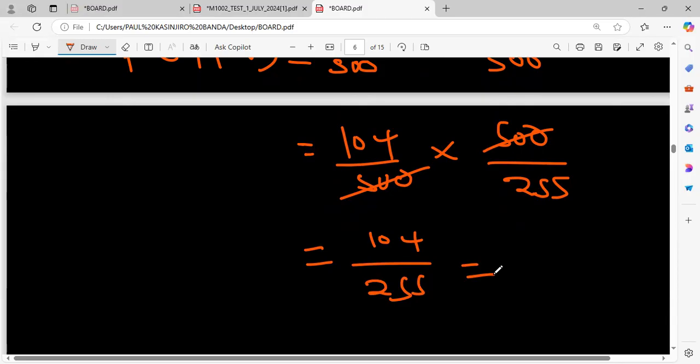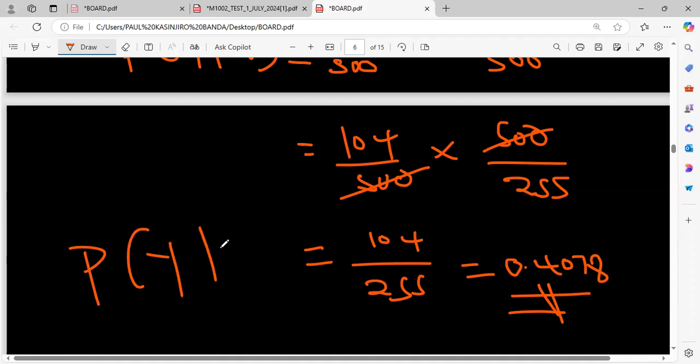Punch this value into your calculator. 104 divided by 255 gives me 0.408. So this one here is the probability of someone saying yes, given that this is a woman.